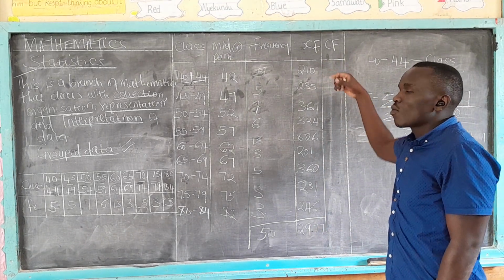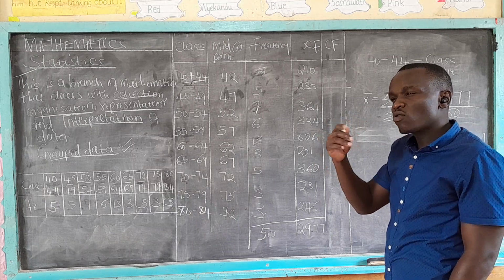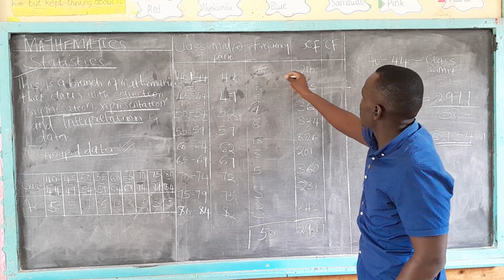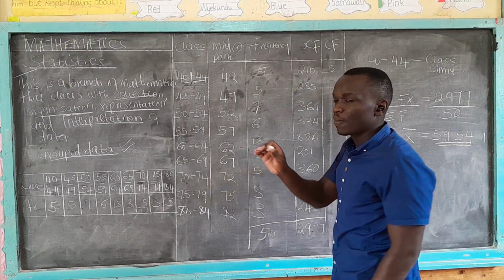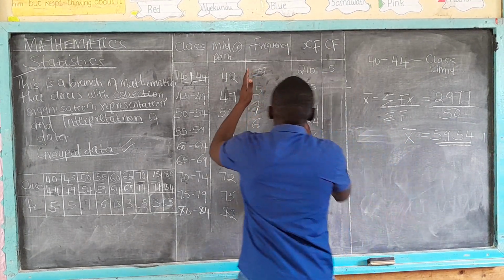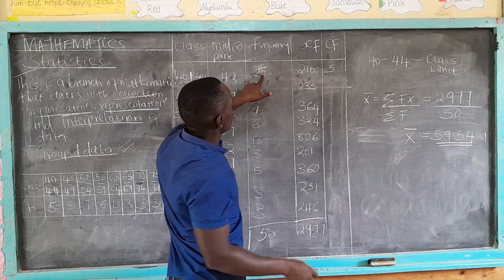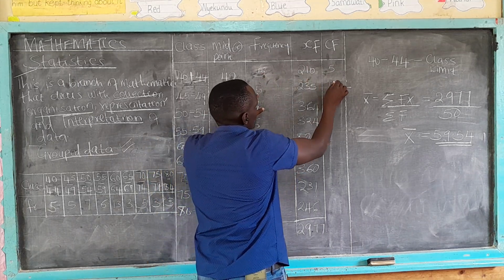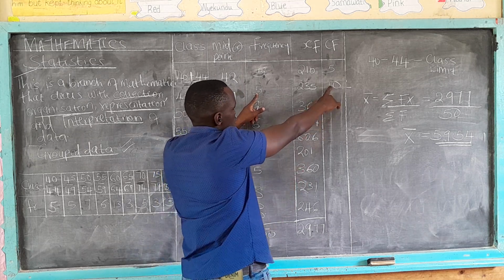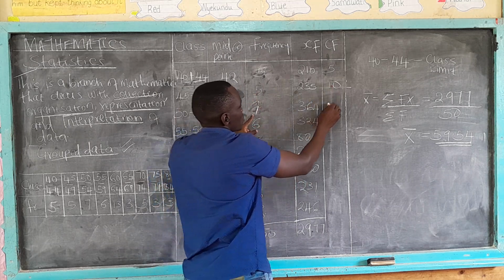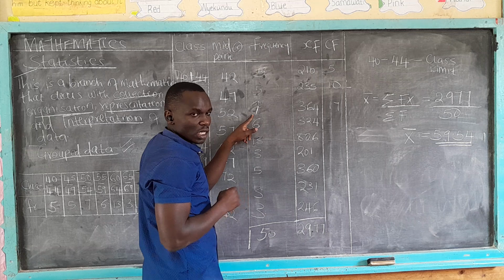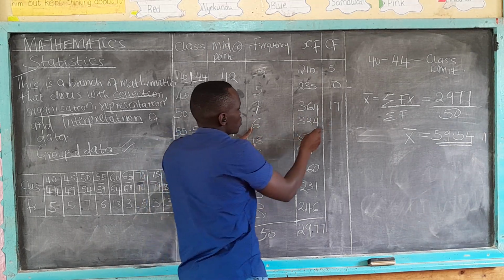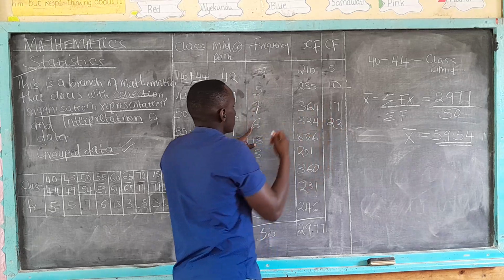The word cumulative means that you are moving from one step to another, adding cumulatively. For example, in this case, the first frequency is 5. Then 5 plus 5 is going to be 10 cumulatively. You add 10 plus 7, which is going to be 17. Then 17 plus 6 is 23.